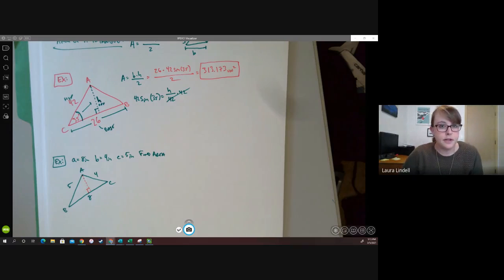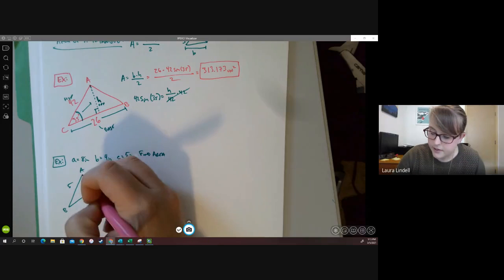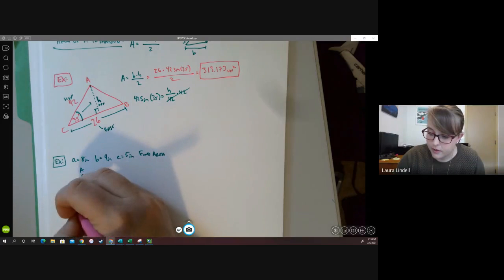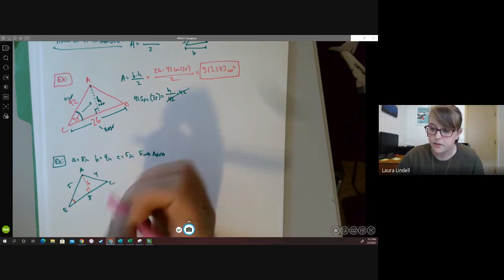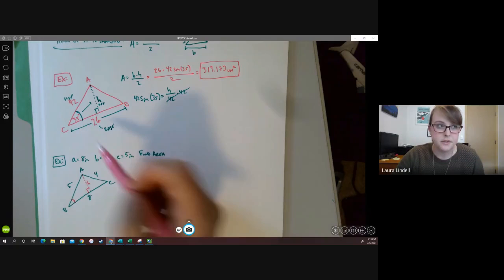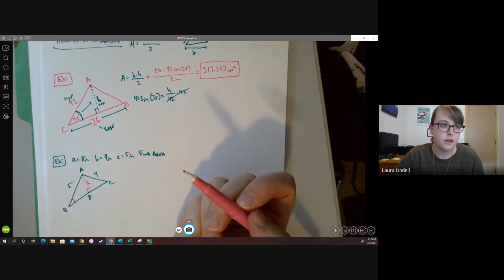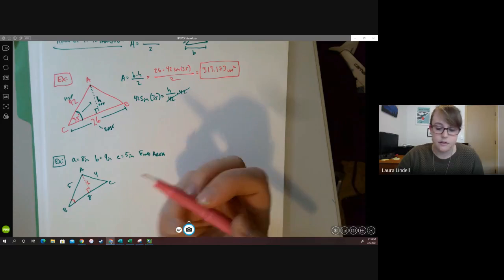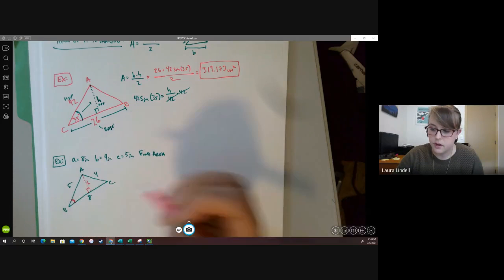It's typically easiest to drop a height to your longest side. But anyway, if I would like to find this height, I need to figure out what this angle is, just like we had up here, where the angle was given to us. So in order to figure out what that angle is, we're going to have to use the law of cosines.